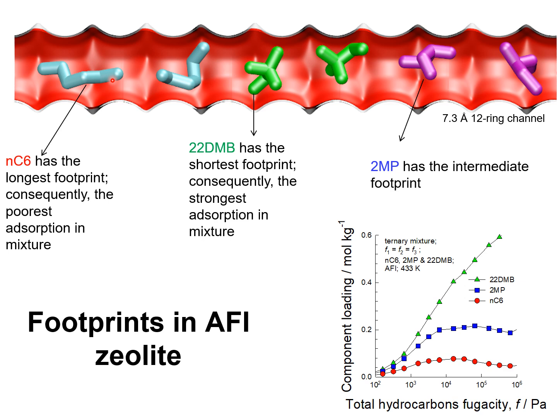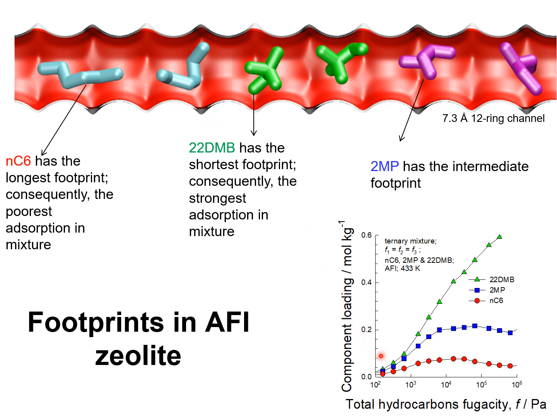Normal hexane has the longest footprint. The di-branched 2,2-DMB has the shortest footprint, and 2-methylpentane has a footprint that is intermediate in length.